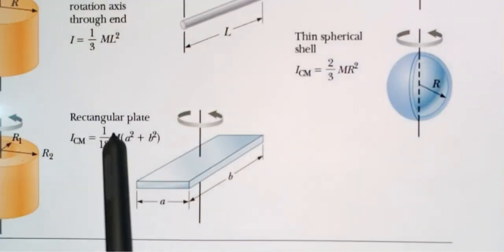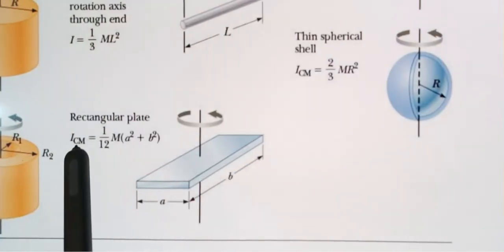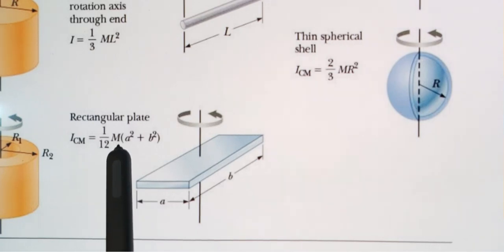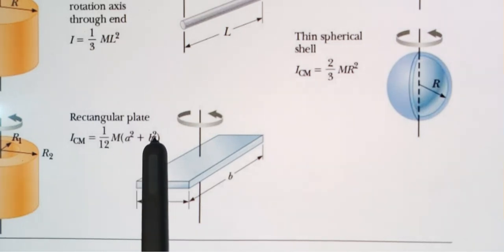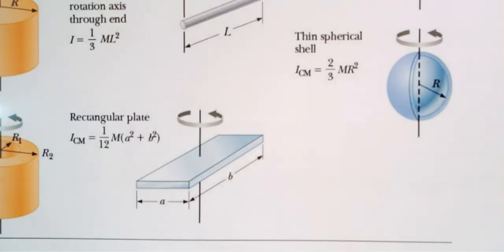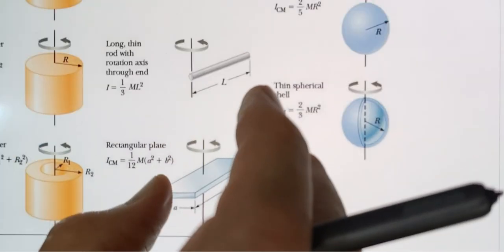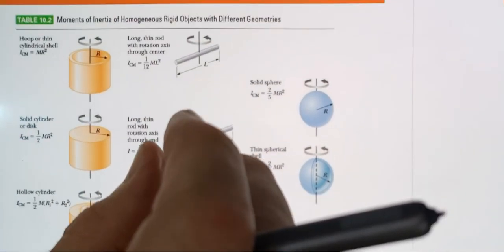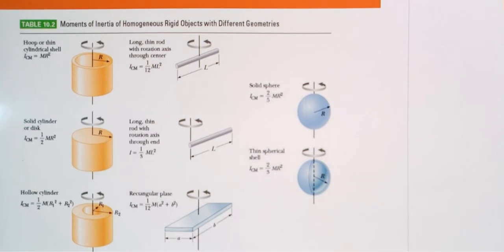For a rectangular plate, the moment of inertia is 1 over 12 m (a square plus b square), etc. If we give you a problem, we will give you the moment of inertia. You don't need to memorize it, so in a problem we will give you that the moment of inertia of this object is equal to this.